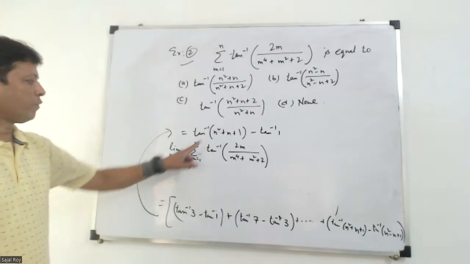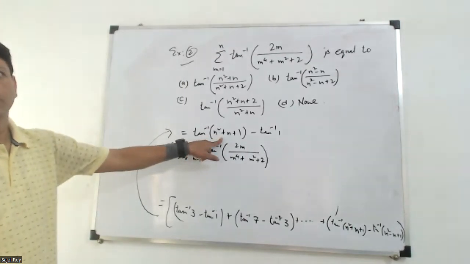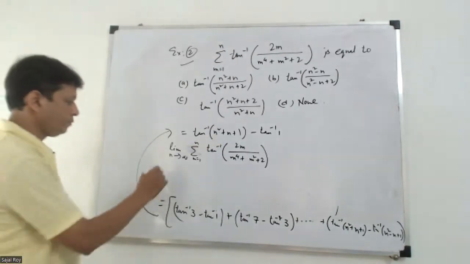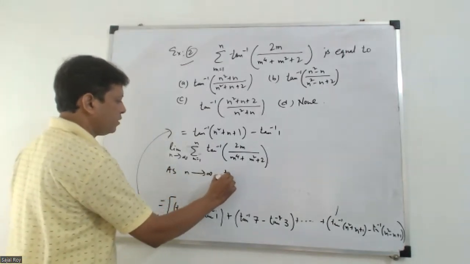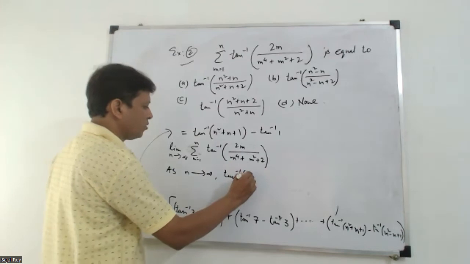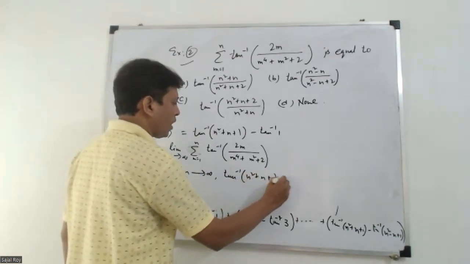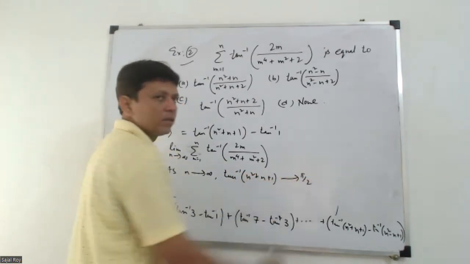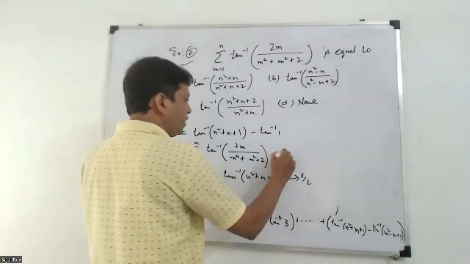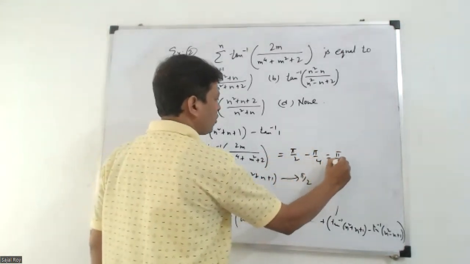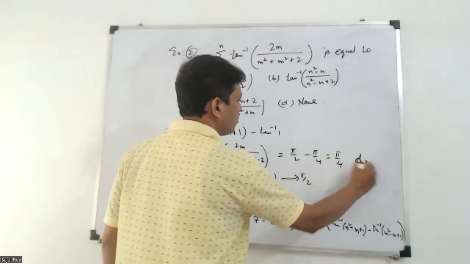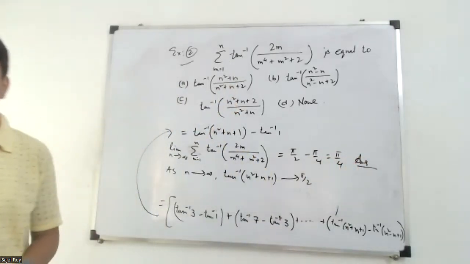If n goes to infinity, this goes to pi by 2. So I am writing, as n tends to infinity, tan inverse of n square plus n plus 1 tends to pi by 2, right? So it will be pi by 2 minus pi by 4. So pi by 4 is the answer if n goes to infinity.